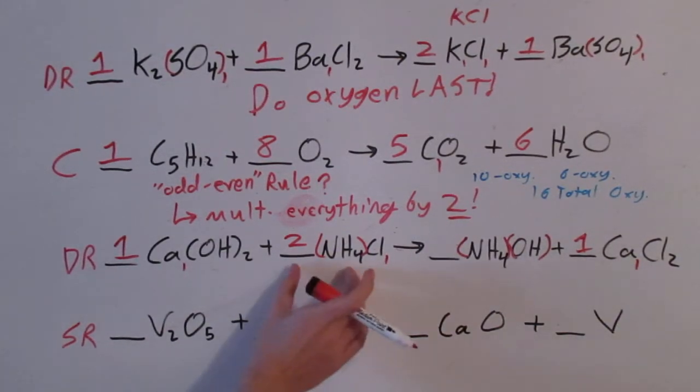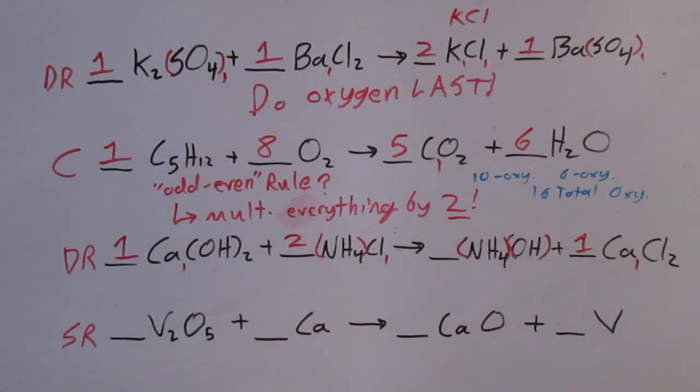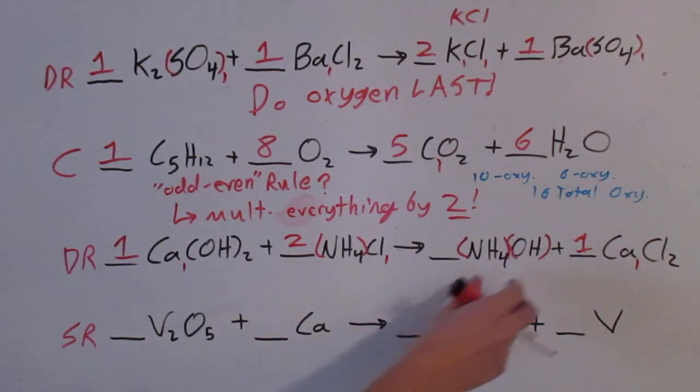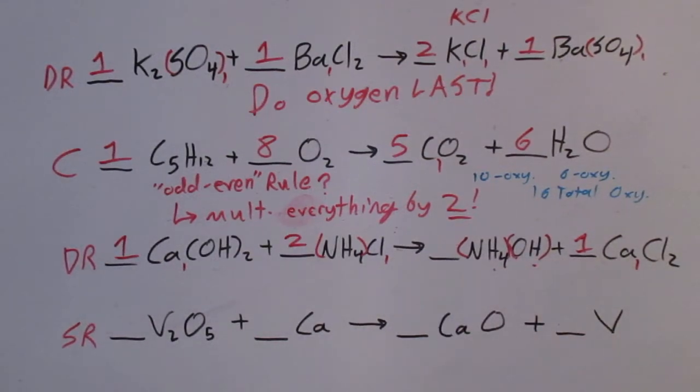And looking at this again, how many ammoniums? If you want to look at just nitrogen, go ahead. If you want to look at just hydrogen, go ahead. The only issue with that is, hydrogen's in 4 places, and 2 of them are over here. So it is a little more challenging. I would say just keep ammonium together.